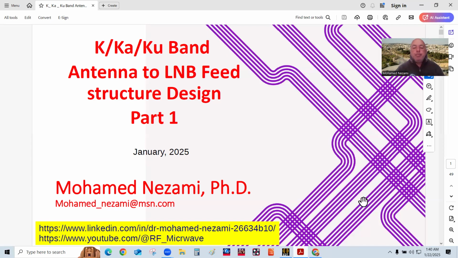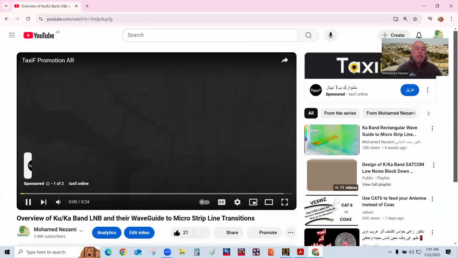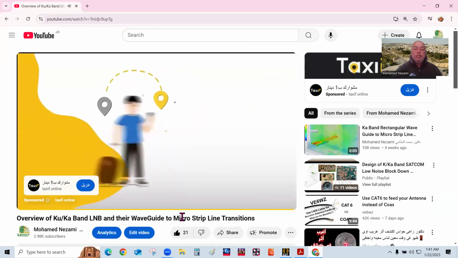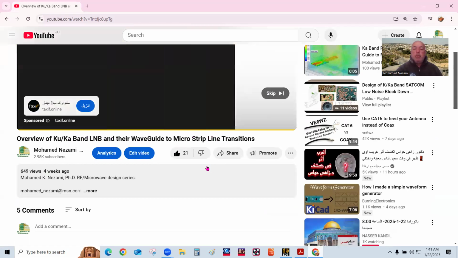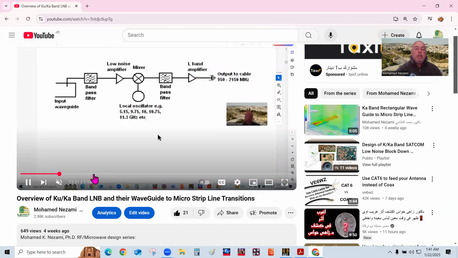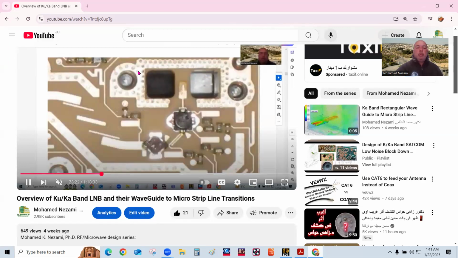If you recall, in this part here, I started with an overview of the LNB and their waveguide to microstrip line transitions. And it talks about where we started, looking at the waveguide to LNA transition to the first device and so on.